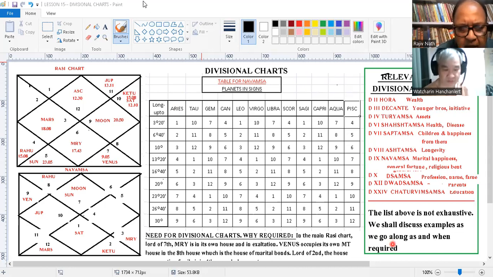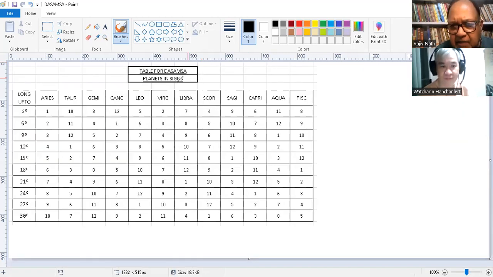Now this is the table for Dasamsa, D10. Dasamsa means every sign is divided into 10 equal parts. This we see for profession.